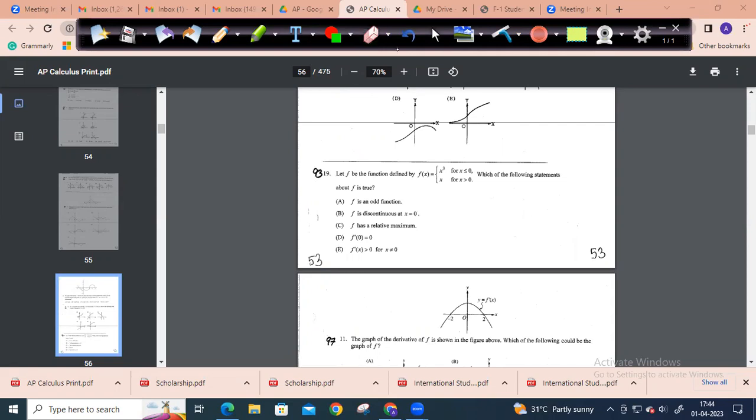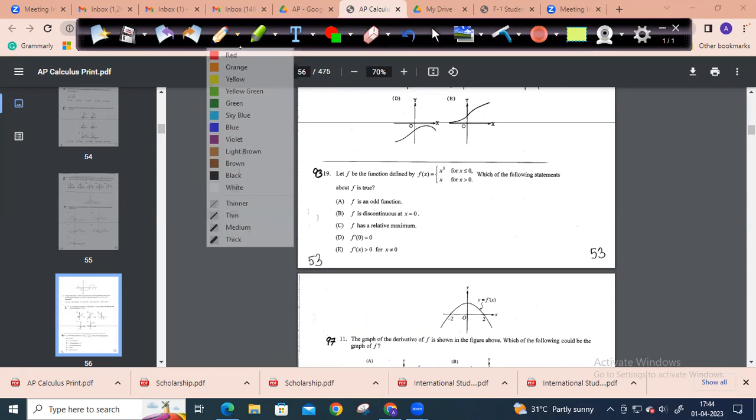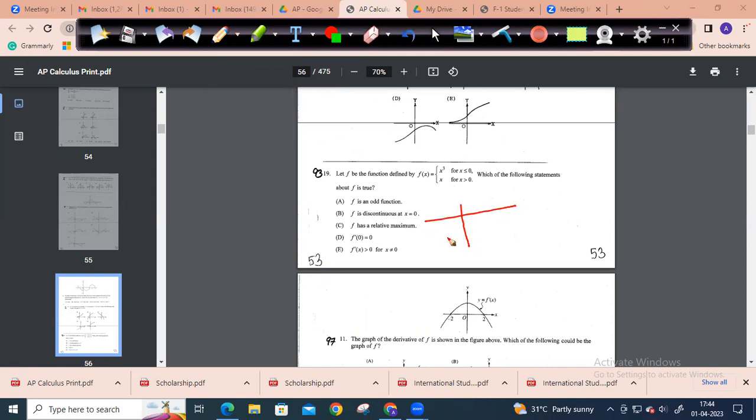One function they're saying is f of x is equal to x cube for all x less than or equal to 0. The other function is f of x is equal to x for all x greater than 0. This is your function. Which of the following statements about f is always true?